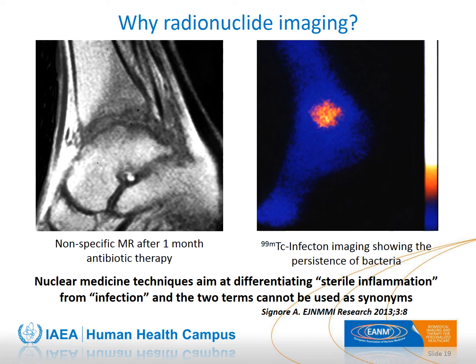Nuclear medicine imaging, particularly using various specific tracers, is particularly good at differentiating an infection from inflammation. In this example, the altered signal intensity following a month of antibiotic treatment on an MR did not definitely resolve an inflammatory process from the presence of residual infection.